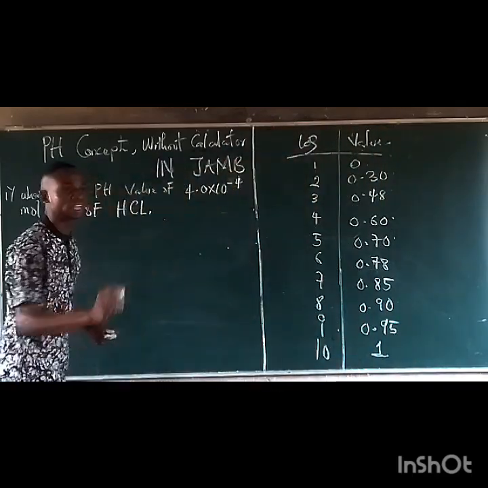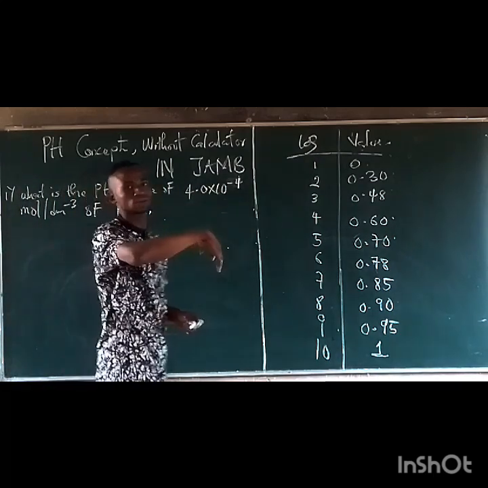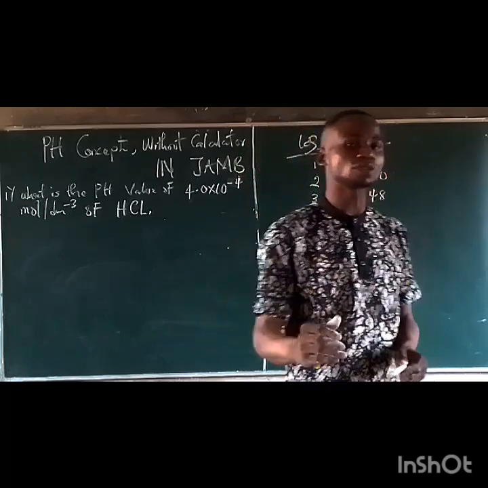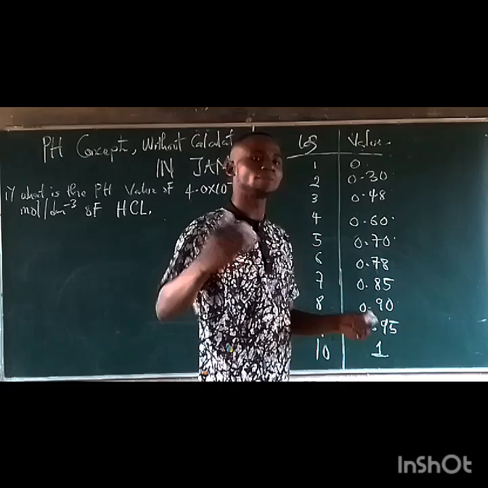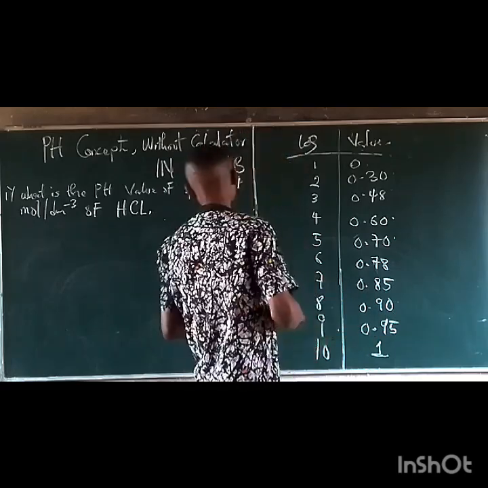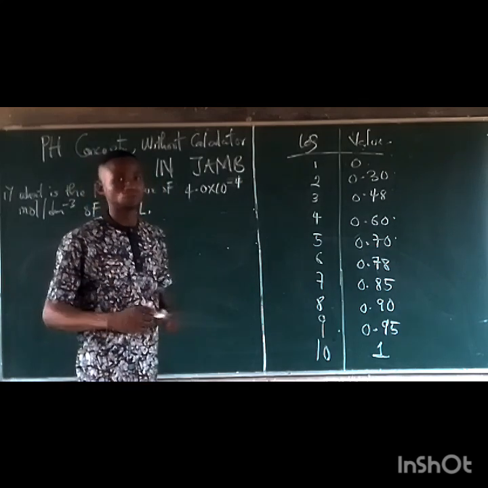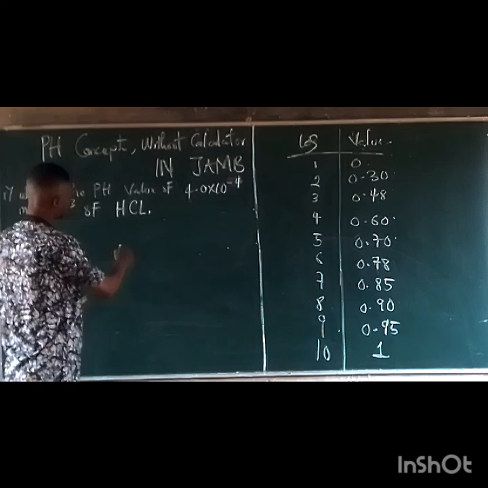Anything that I'm going to give you has to be in standard form. Even though sometimes there are questions they are not going to give you in standard form, they will give you in decimal form, but you have to convert it to standard form. If that is hard for some candidates, we are still going to look at that too at the same time. So now, let's look at the formula.